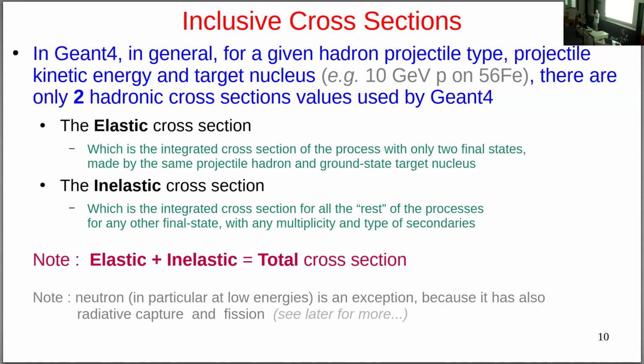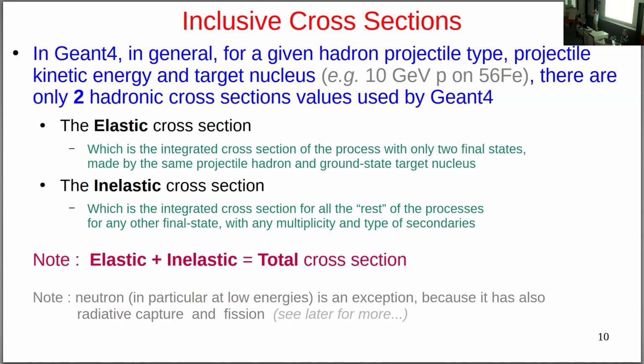So the elastic cross-section is, of course, the total integrated cross-section for the elastic process. Similarly, the inelastic is the total integrated cross-section of all the possible non-elastic channels. And the total cross-section is, of course, the sum of the two. But in Geant4, there are two different things, elastic and inelastic.